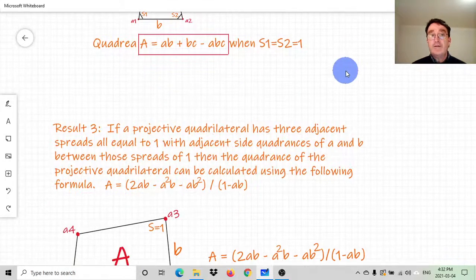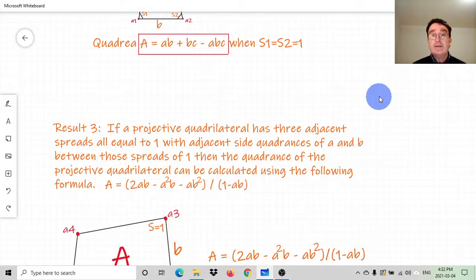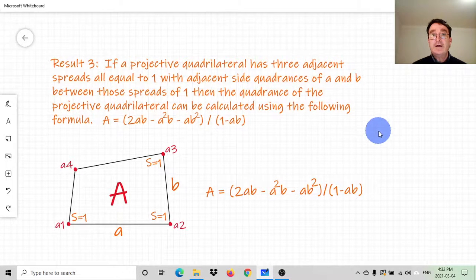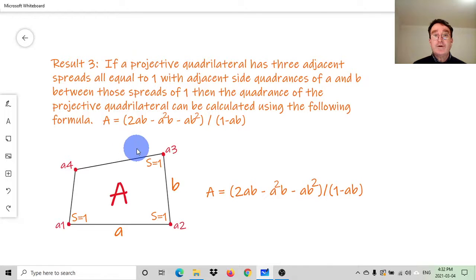And thirdly, result 3 says if you have a projective quadrilateral A1, A2, A3, A4, and 3 of the spreads are equal to 1, then you can calculate the quadria of that quadrilateral just by knowing two of the side quadrances that are between the three spreads that are equal to 1.